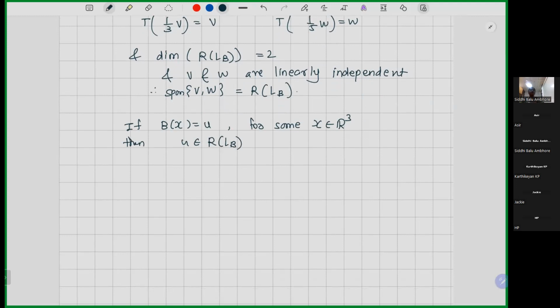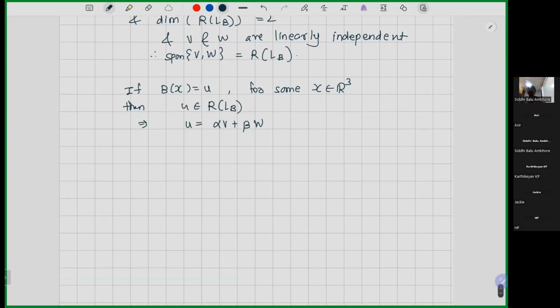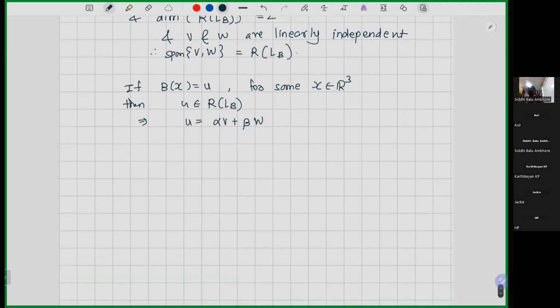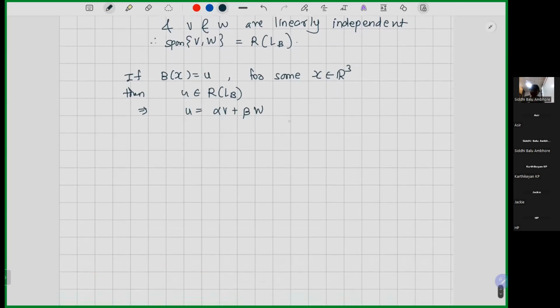If for some x, Bx is U, then this U belongs to the range space. So this will imply what? U is equal to some alpha V plus beta W, right? Because we just proved that V and W form a basis for the range of LB. And this is not true, right?